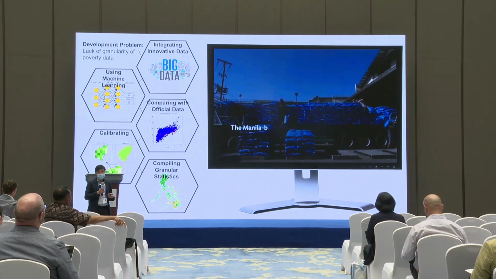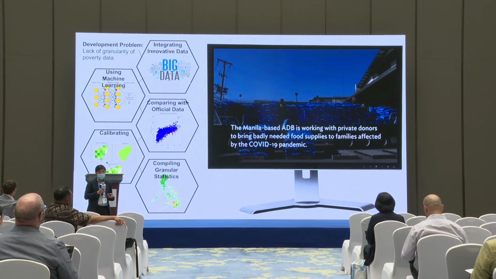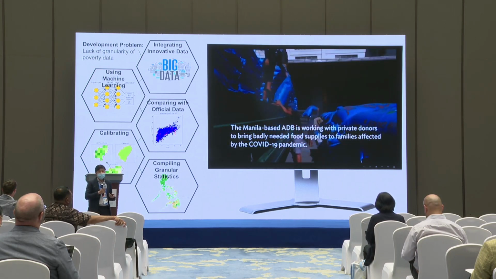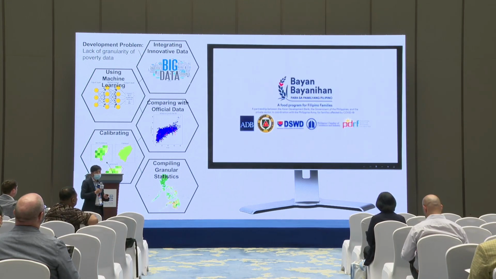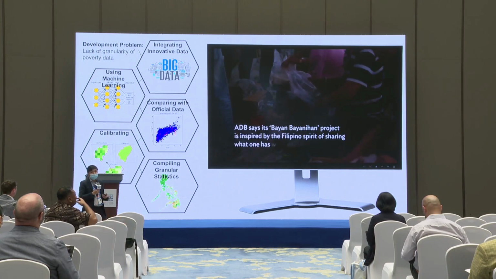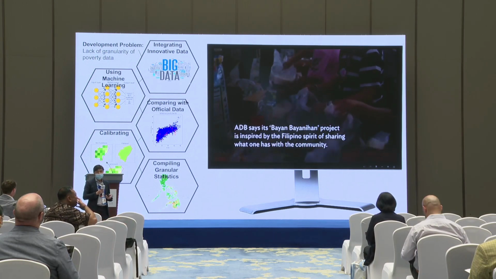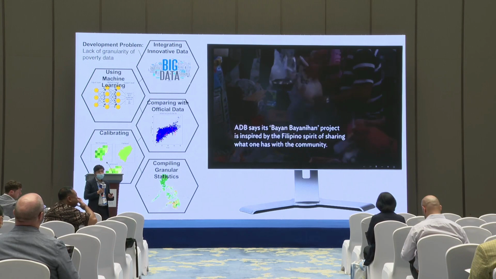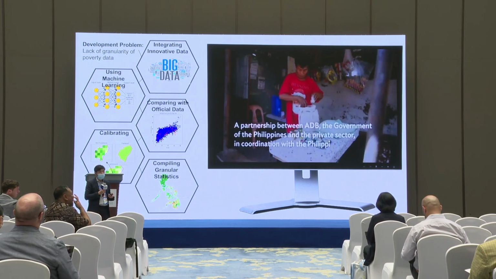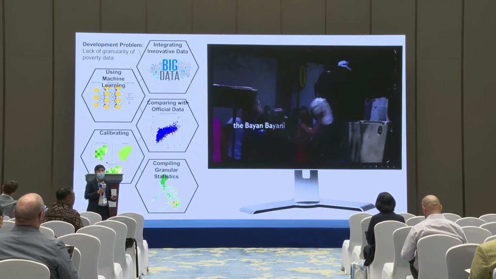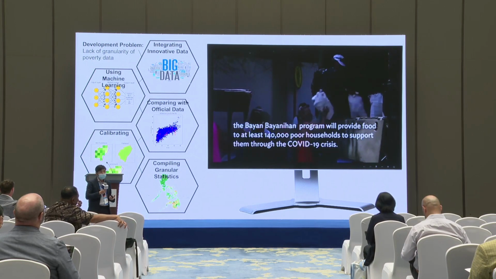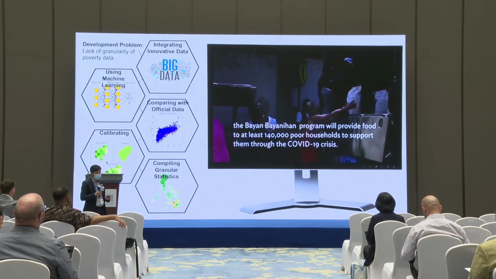Areas with higher economic activity tend to have greater luminosity at night and vice versa. So once you're able to identify those daytime image features that are correlated with intensity of night lights, you can then, in principle, make some adjustments in your machine learning algorithm to be able to predict poverty. And since you're working with satellite images, which are in principle available at a more granular level, you can also predict poverty at more granular level.